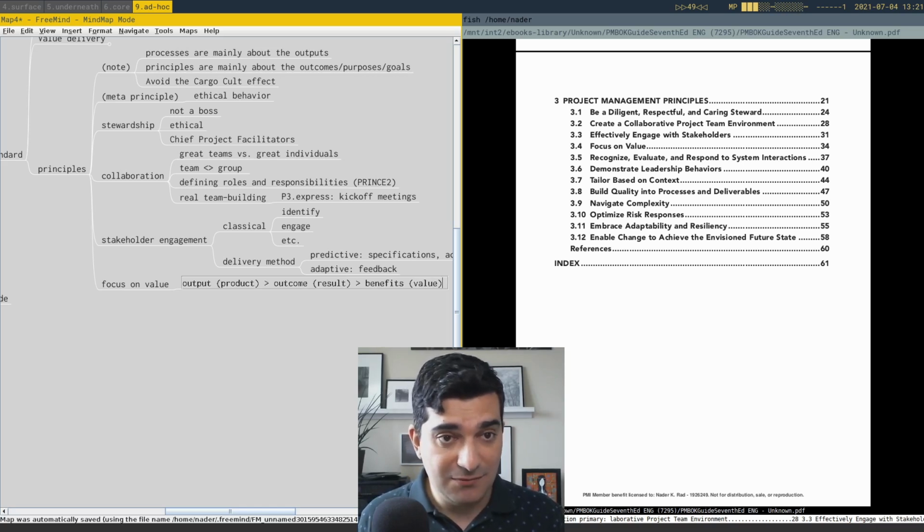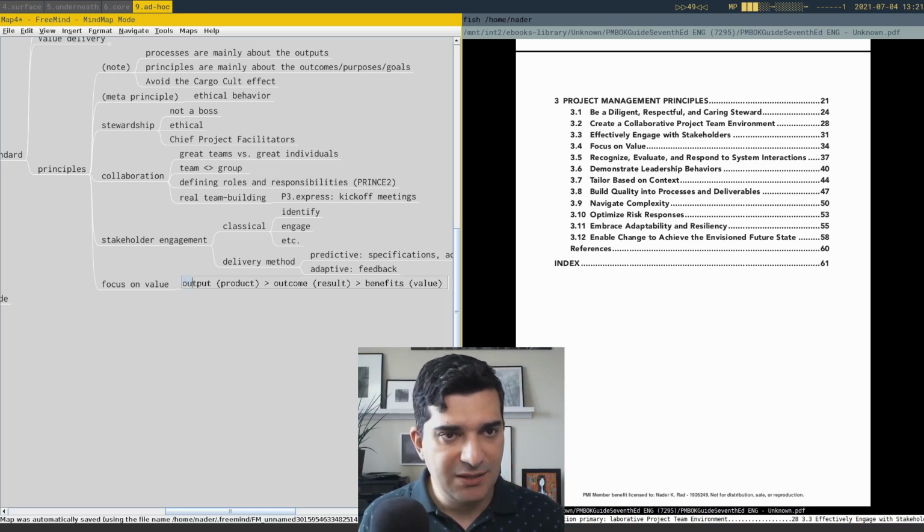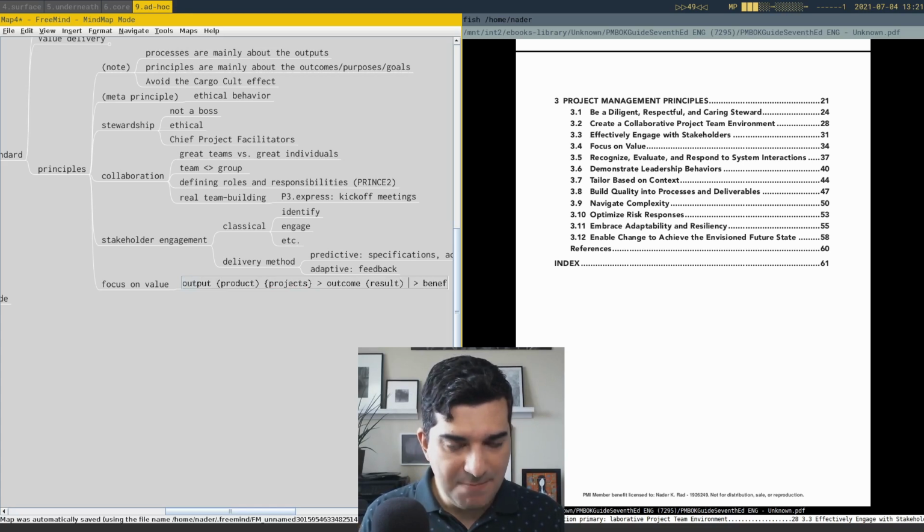I can even write it here. So this part is done by projects. This is the main concept, main center of attention for programs. And this is the main center of attention for portfolios.